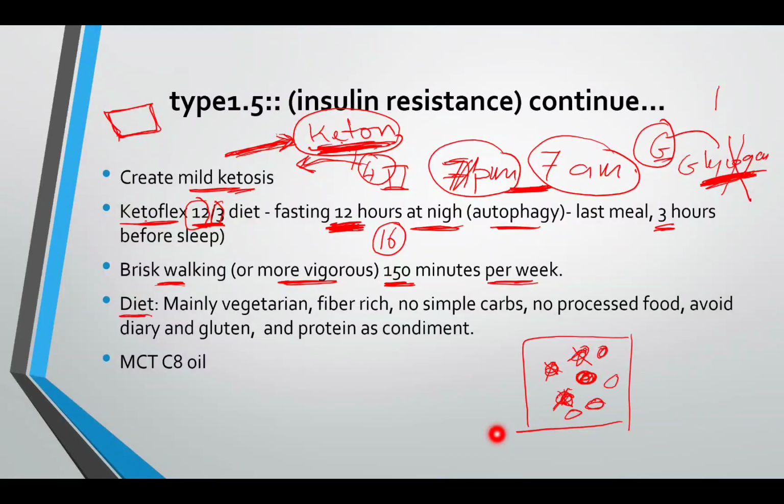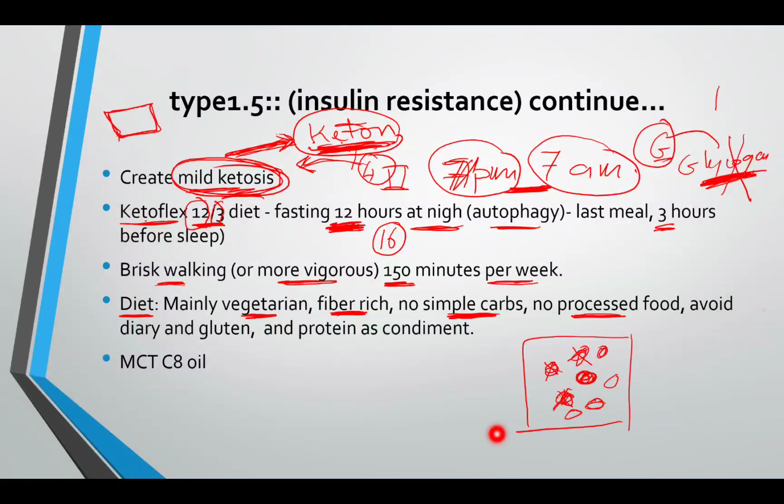When the person wants to eat, what does he eat? He needs to eat mainly a vegetarian diet, rich in fiber, because fiber helps to grow healthy microbiomes in the intestine. Avoid sugar completely, no simple sugar, because we need to improve the insulin resistance and we need to reach the mild ketosis state. If you eat sugar, you will never become mildly ketotic. And we know ketosis means we make ketone, the food of the brain.